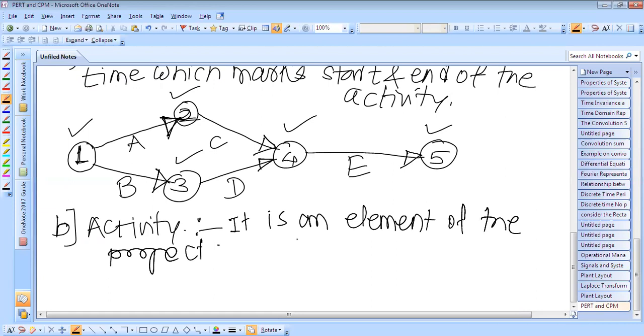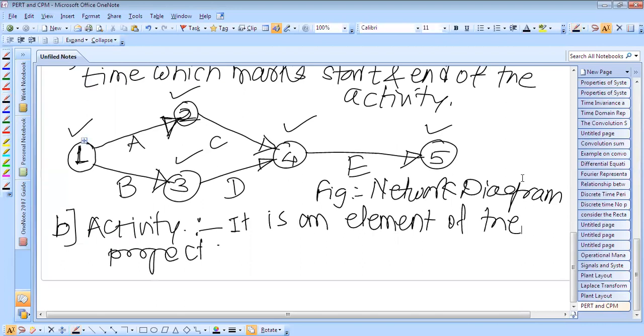Activities are normally given the names A, B, C, D, E in this network diagram. This figure is a network diagram. The activity is estimated to be accomplished within the given schedule time.